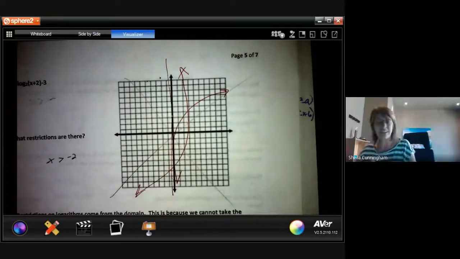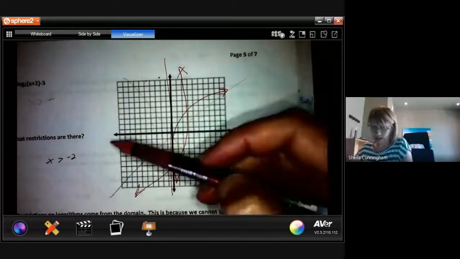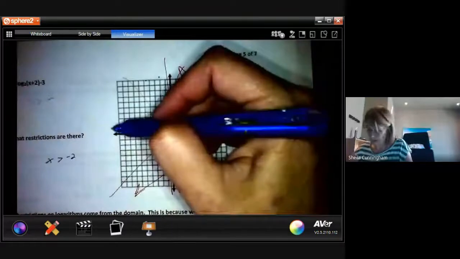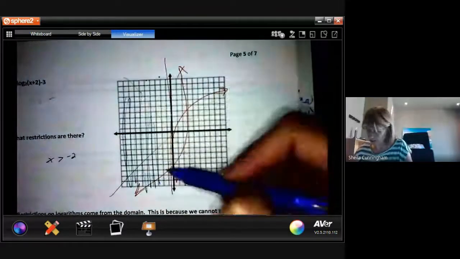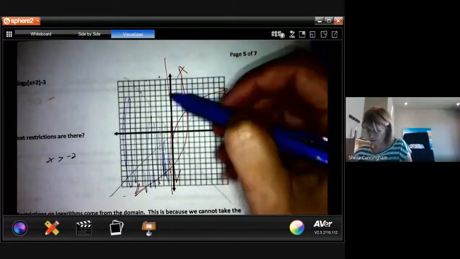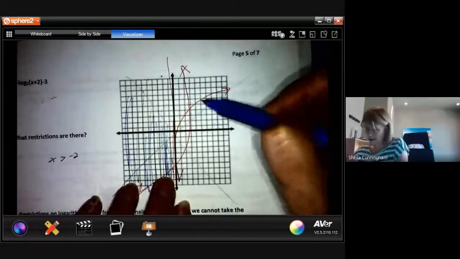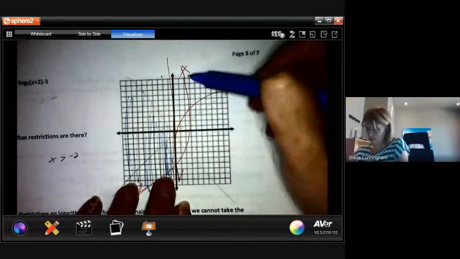both of them exist. So in this case, I would still have restrictions. I wouldn't be allowed anything over here because I just have the one graph coming in here. One graph is only showing up here. But then all of a sudden, by the time I get to this y-axis, I have both graphs starting to show.